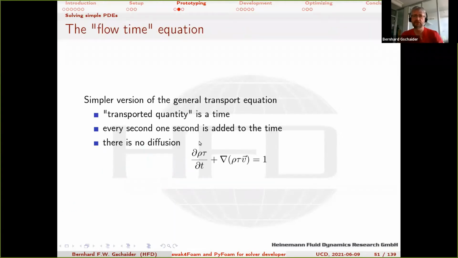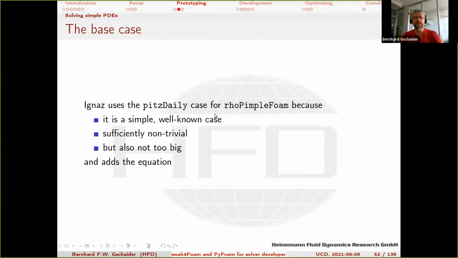So basically what Ignaz wants to check this with is this flow time equation, where he only has a convection term and a very, very simple source term that basically is 1. He wants to implement that, and as a base case he uses the pitzDaily from the tutorial cases for rhoPimpleFoam.